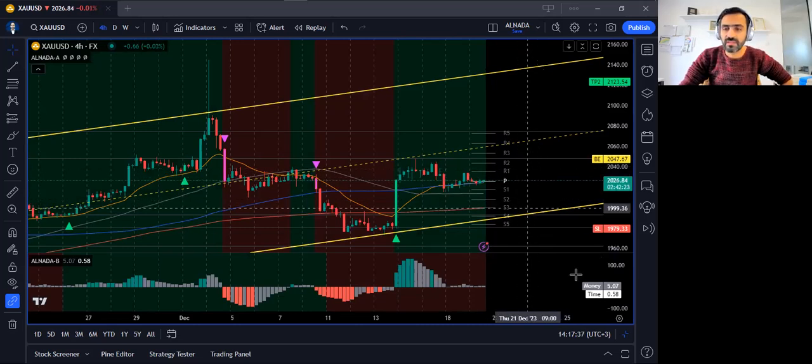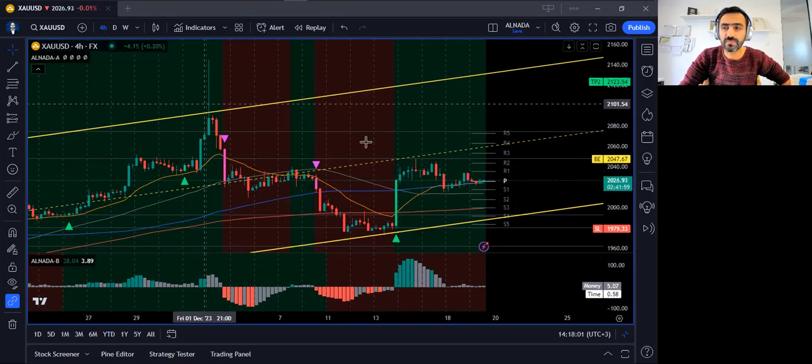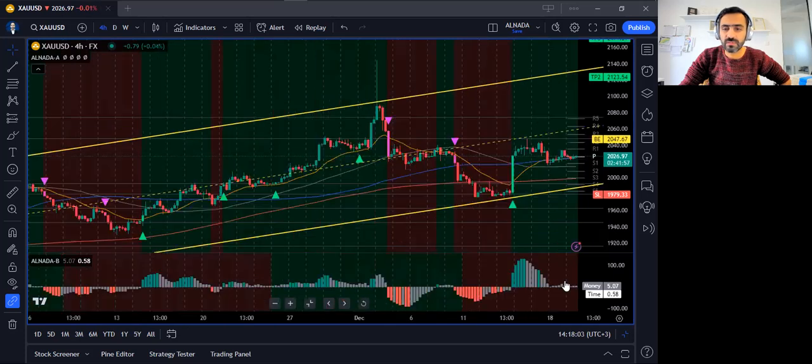The estimated time is 0.5 candle, and each candle here represents 4 hours. That means 0.5 of the 4 hours, which is 2 hours. We may see this in 2 hours. It cannot happen before we lose $5. Now, this is what everything means.